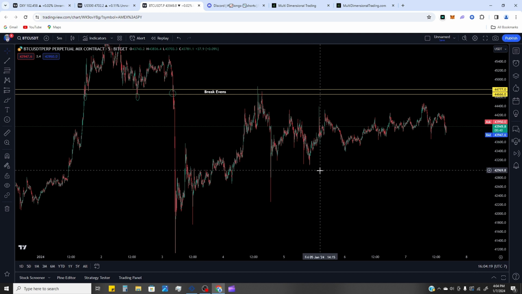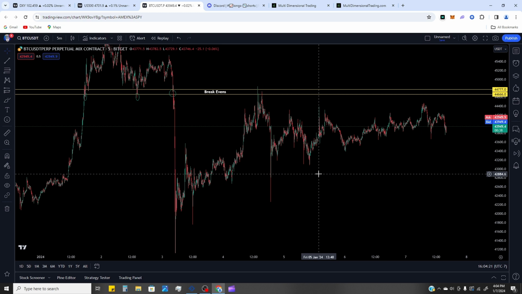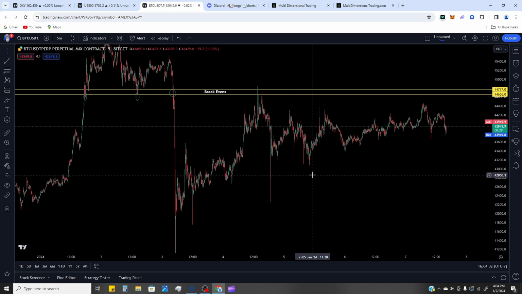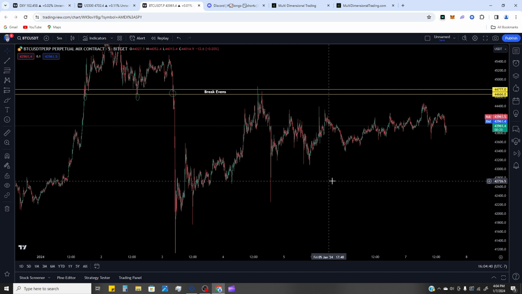Remember, back tests, practice. Don't go out and just say I can trade now and use real live funds. Use a demo account. TradingView, paper trading. MT4, MT5, paper trading. cTrader, whatever platform you're comfortable with, go out, back test.